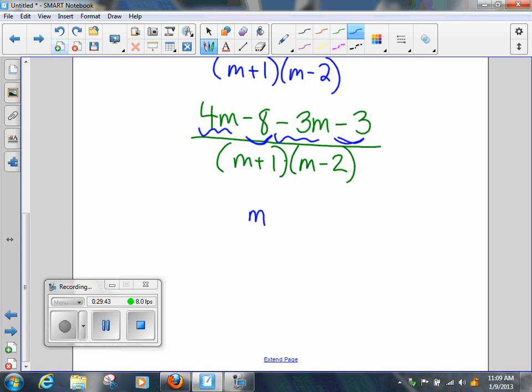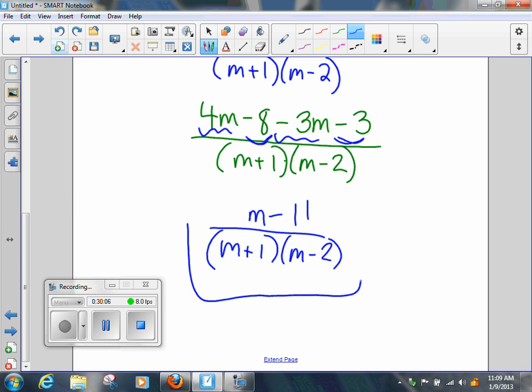Negative 8 minus 3 is what? Negative 11, or minus 11 over this thing. Can I cross cancel out anything? Can't do anything with my m's? No. Morgan's like, no, you can't. Am I done? Yeah.